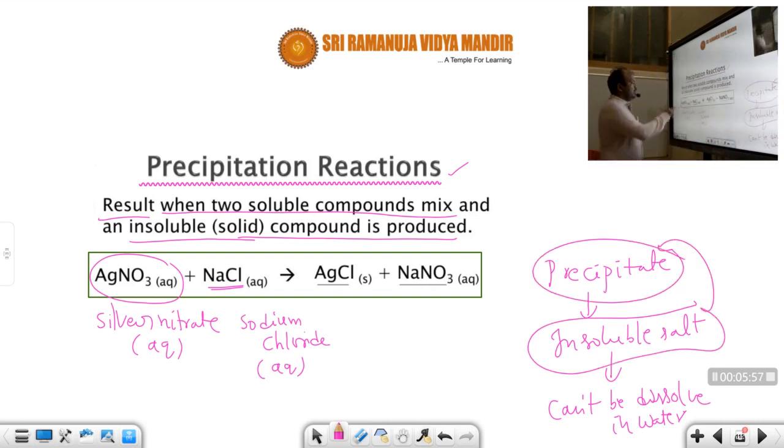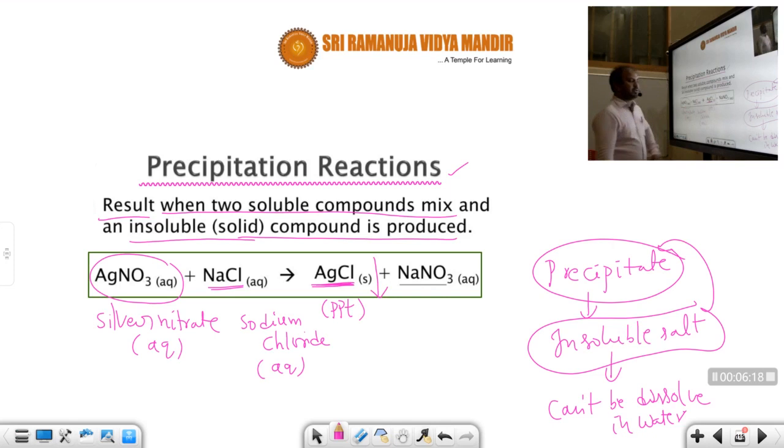Precipitate will be formed. So here silver nitrate aqueous solution and sodium chloride aqueous solution, whenever these two solutions are mixed with each other, one insoluble salt will be formed. Here the insoluble salt is silver chloride. Silver chloride is an insoluble salt, that is called precipitate. Precipitate short form is PPT.